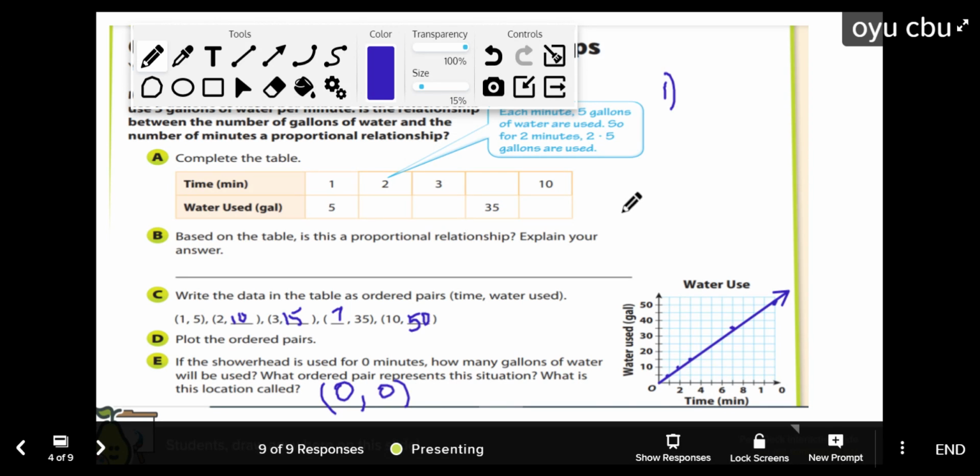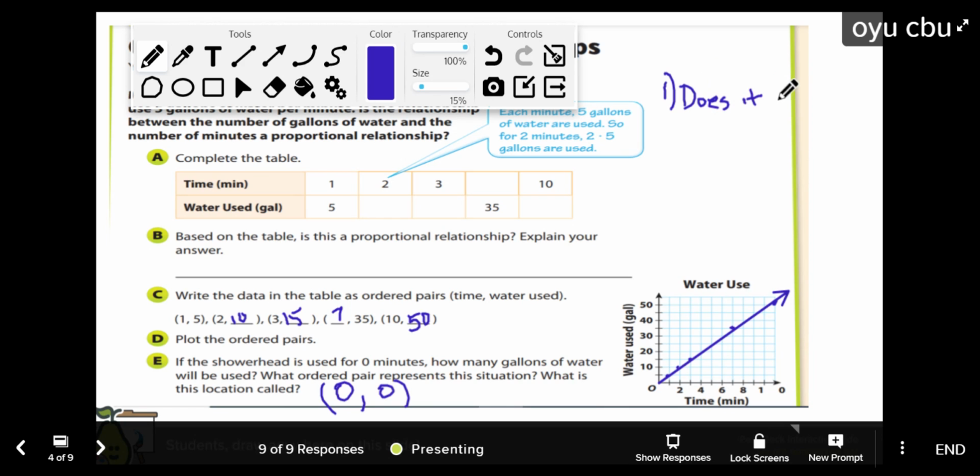Number one, does it go through 0, 0? What do we call that location, 0, 0? The origin. So you're going to ask yourself, does it go through the origin?